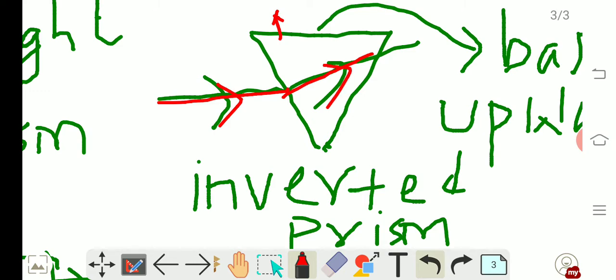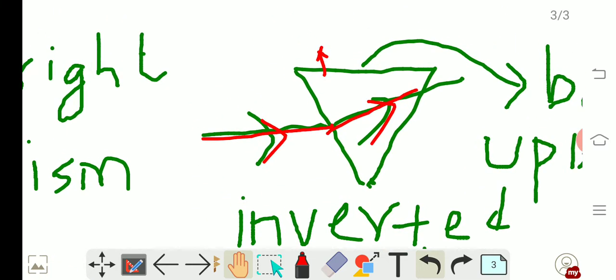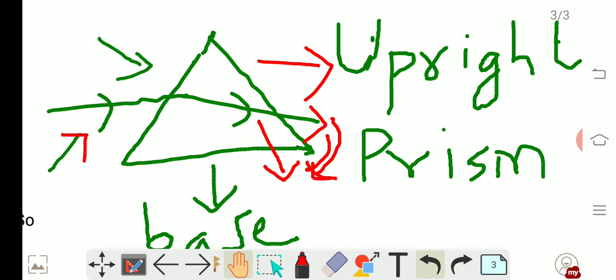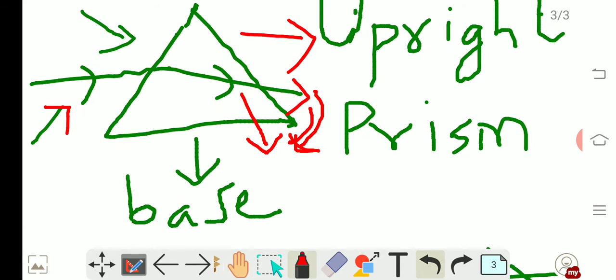Now what is the difference in these two pictures? Here the light rays move upward because the base is in the upward direction. In this case, the base is in the downward direction, that's why the light rays bend downward.